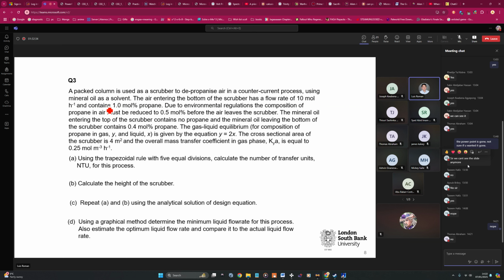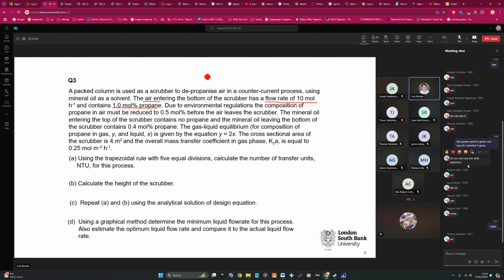Normally you have some operating parameters. So we have the flow rate of the gas, and in this case, we also have the composition of that gas, which is air.